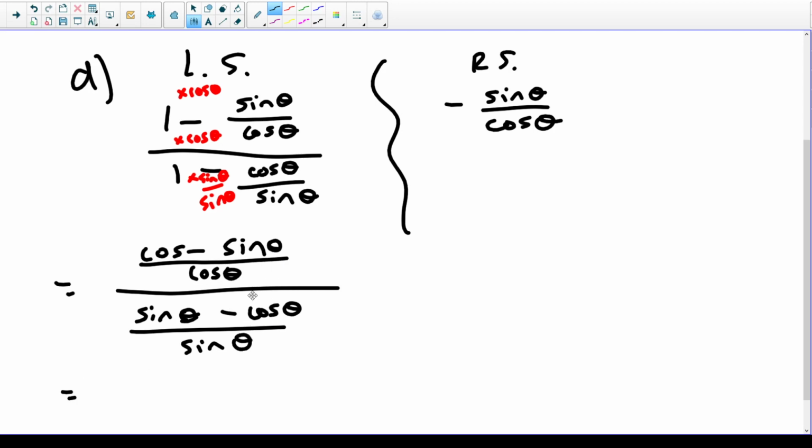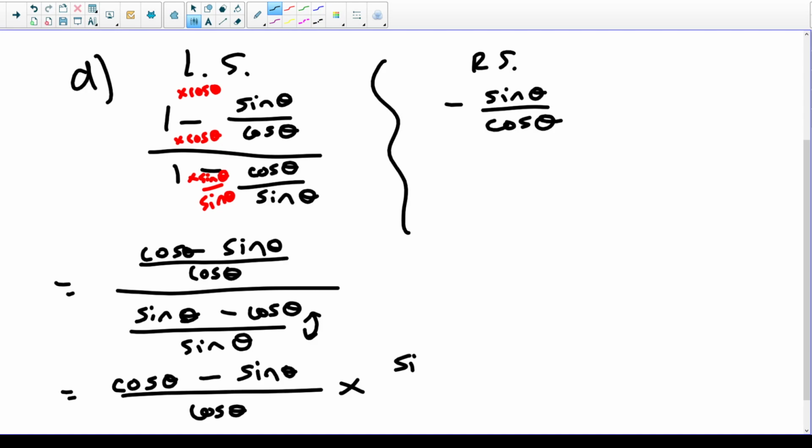And now this is a division of a fraction. So that means multiply by the reciprocal. Oh, I forgot the theta beside the cosine here. So cos theta minus sine theta divided by cos theta times the reciprocal of this guy. So sine theta over sine theta minus cos theta.